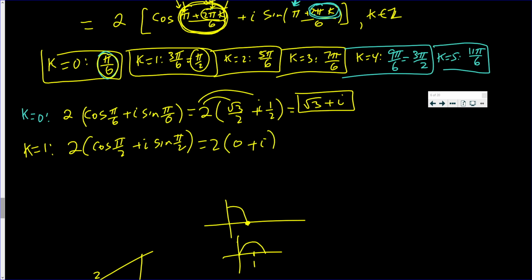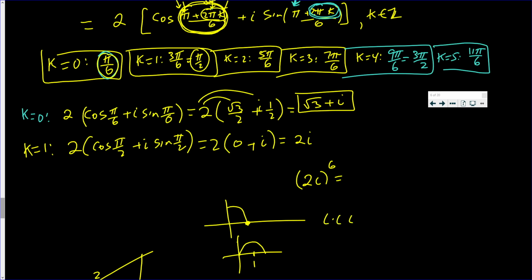Perfect. I don't know why I wrote that I, but that's exactly what I should get. And here you get 2I. Now, that's a pretty easy one. Just to check what that is.